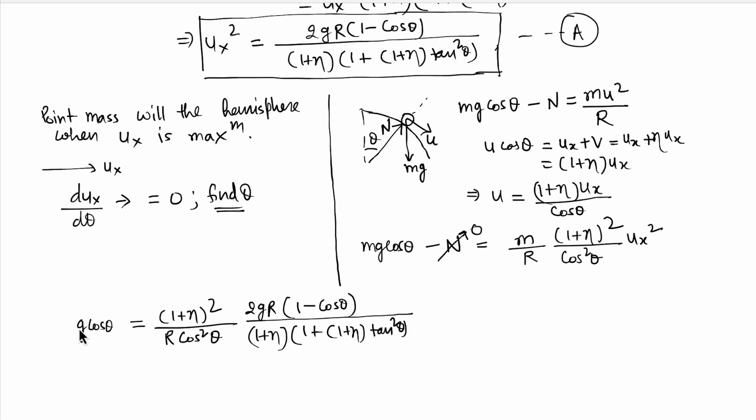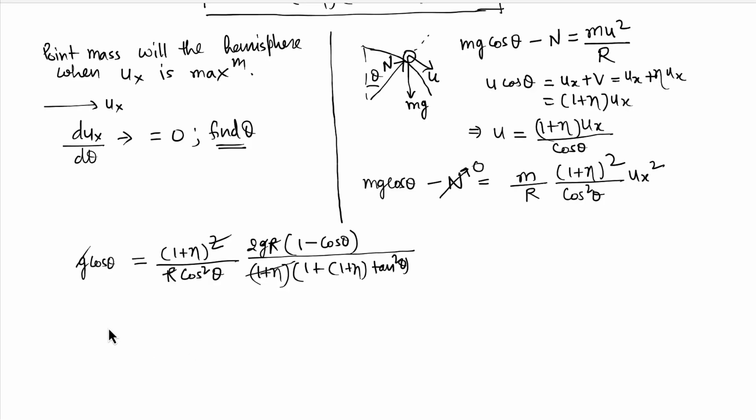Okay, so a lot of things will cancel out. R will cancel out. 1 plus eta will cancel out here. So therefore what we get is, everything in the denominator here on the left hand side, so this becomes cos cube theta and (1 plus eta tan square theta), and that is equal to 2(1 plus eta)(1 minus cos theta).